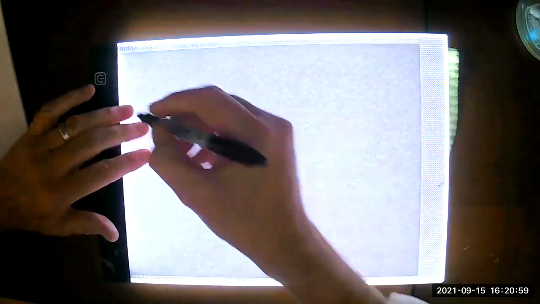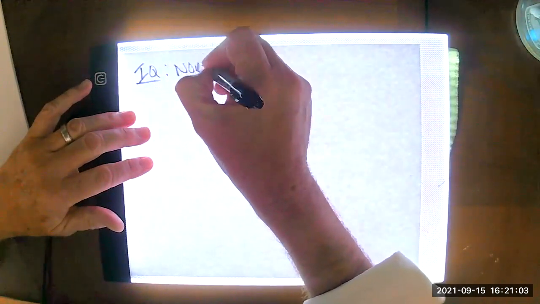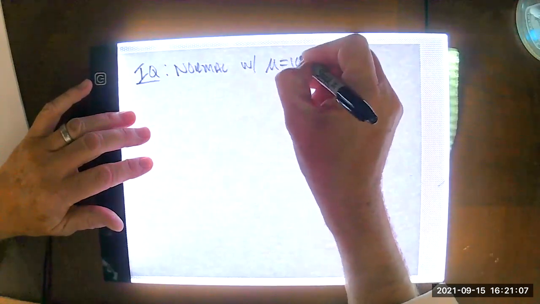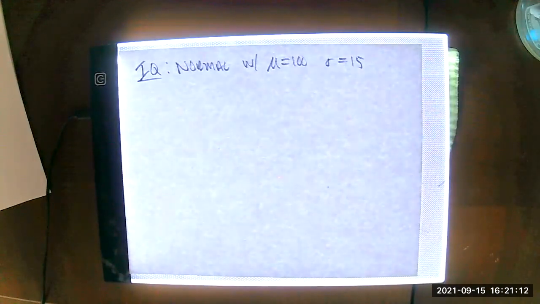So let me give you a real world example. IQ. It is normal with a mean of 100 and a standard deviation of 15.